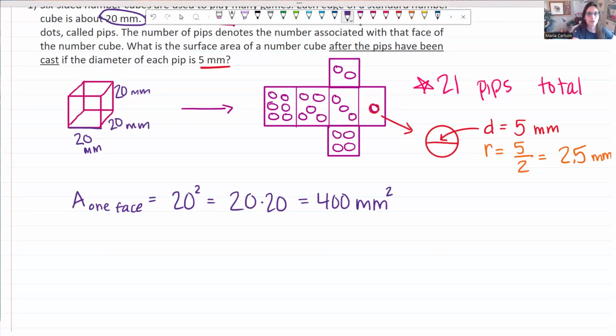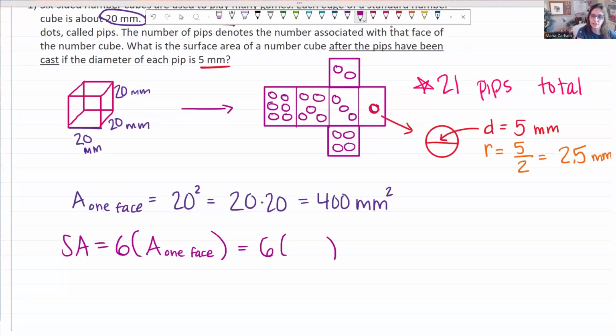Therefore, I can put this all together and find the surface area, which we oftentimes like to abbreviate as SA. Surface area would be 6 times the area of one face, 6 times 400, which would give us 2,400 millimeters squared.